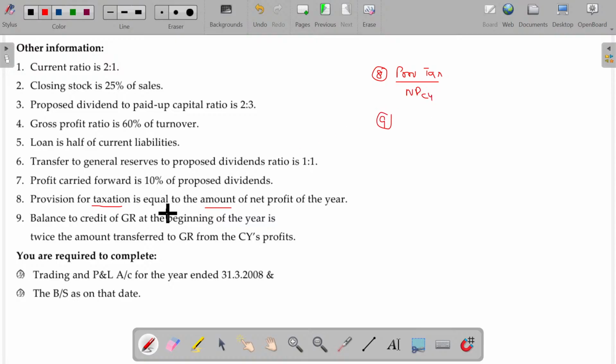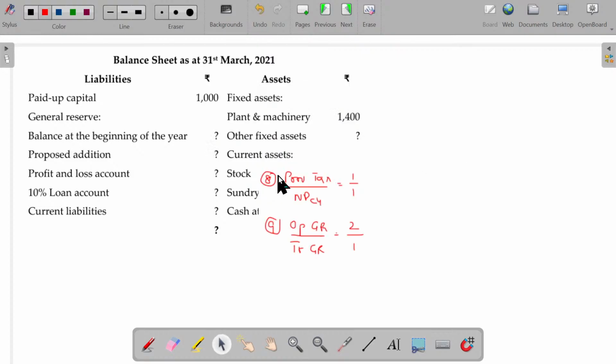Ninth one, balance to credit of GR at the beginning. Opening GR is twice the amount transferred to GR from the current year's profit. Transfer to GR: if the transfer amount is 1, opening should be 2 times. Provision for taxation as well as net profit being equal ratio. So you have to finish up all these ratios here.